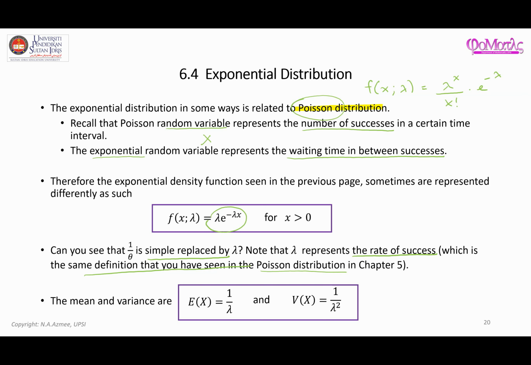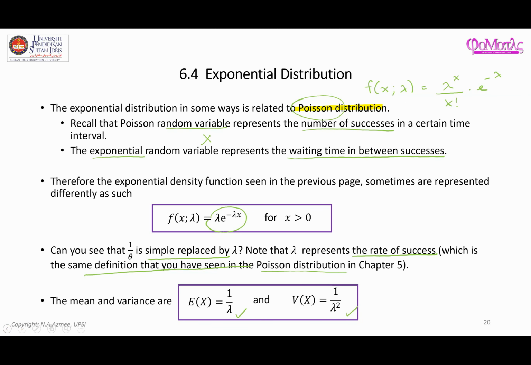When you have this probability density function, you can easily show that the expected value of x is going to be 1 over lambda, and the variance of x is 1 over lambda squared. Okay, so that's the thing.